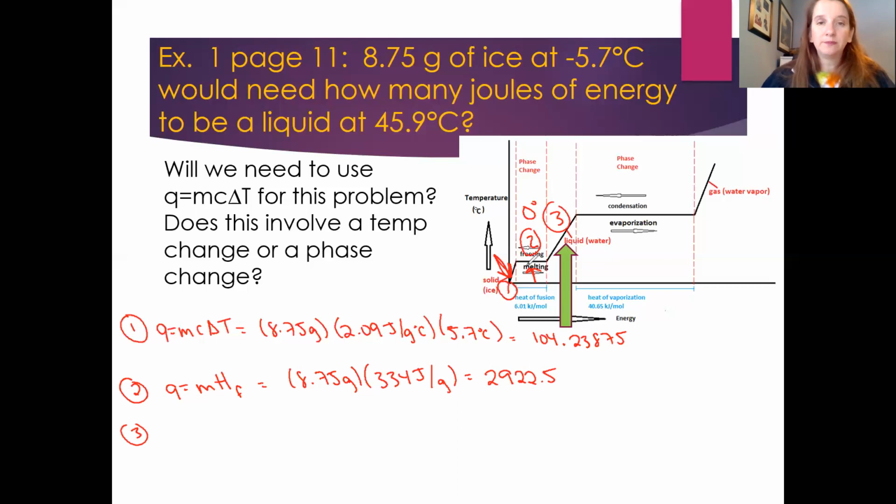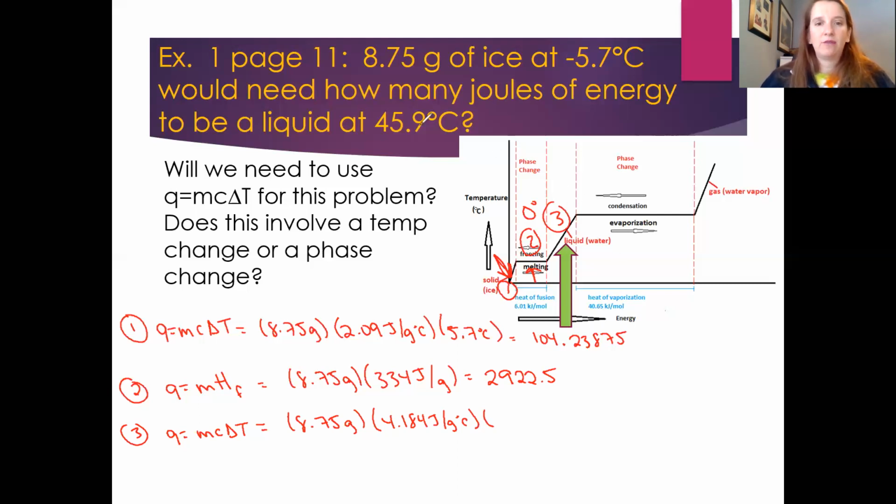And then our third step is where this green arrow is. That's when it's our liquid. It's at the diagonal, so we have to use Q equals MC delta T. Our mass is 8.75 grams. Our specific heat of water now is 4.184 joules per gram degree Celsius. And what's the temperature range at which this is a liquid?